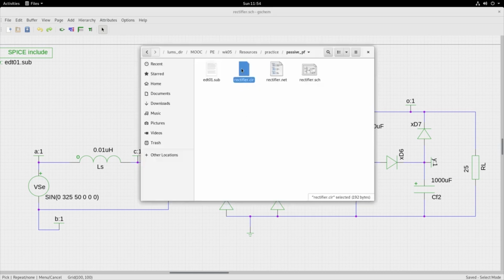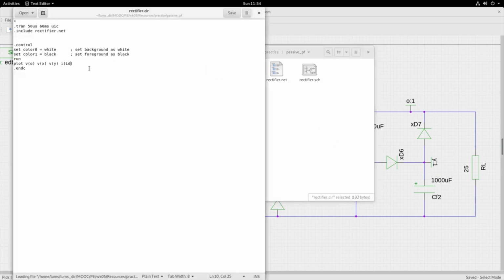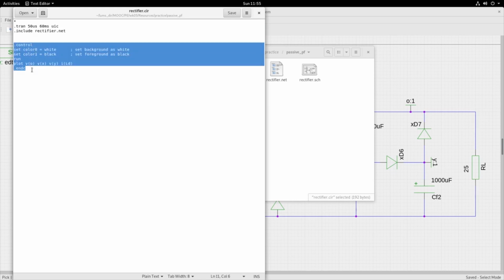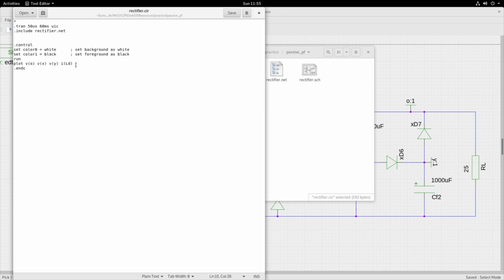So rectifier.cir, let us open that and see how it looks. These two statements are familiar to you, the tran directive, and here you have the control statements to operate within the ngSpice environment.